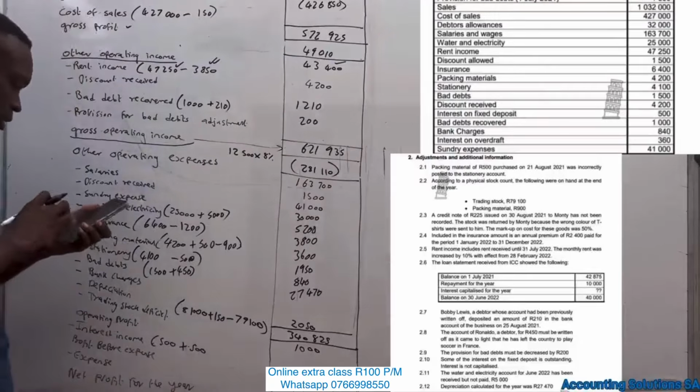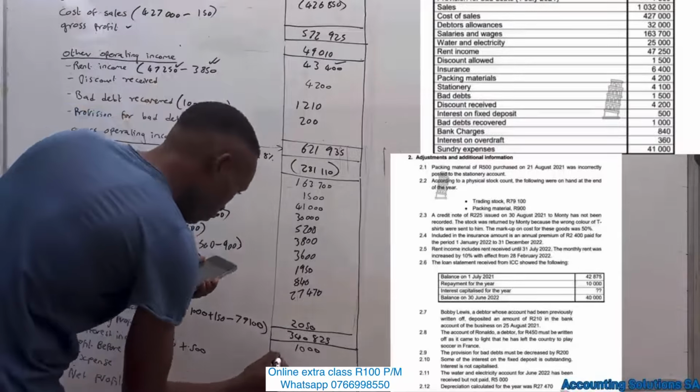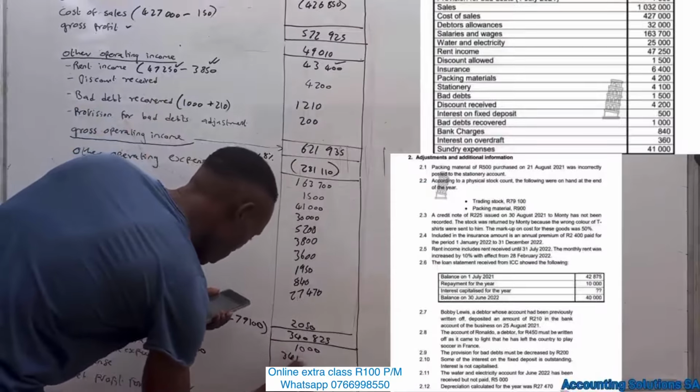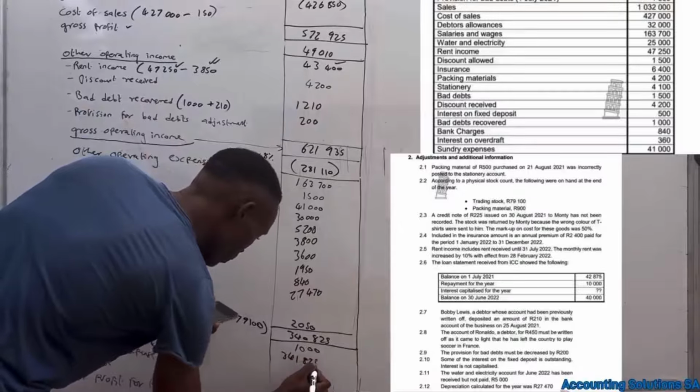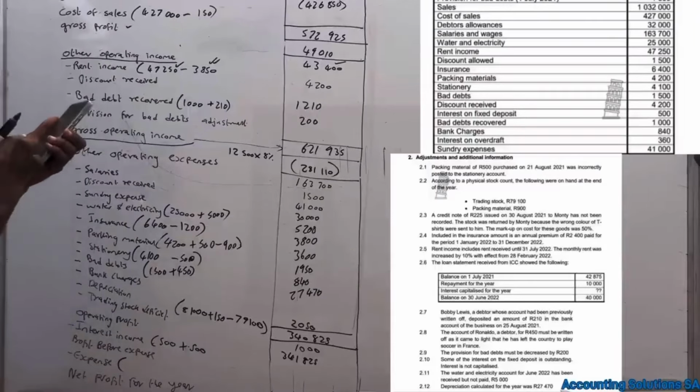Profit before tax, we just take this one plus this one. It's going to give you 341,850. Then interest expense. Let's calculate interest expense.